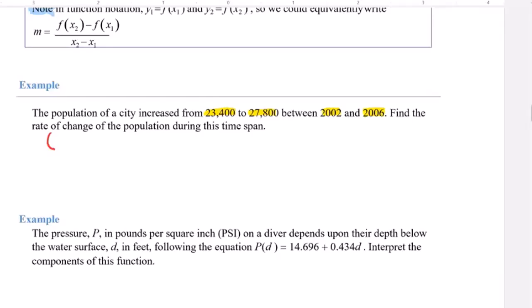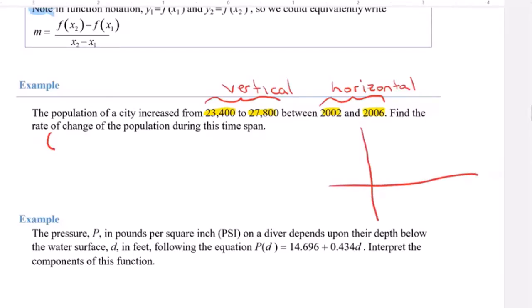Let's make the change in population our vertical, and we're going to call these numbers our horizontal. And if I were to graph this, I would say we started at 2000, 1, 2, 3, 4, 5, 6.